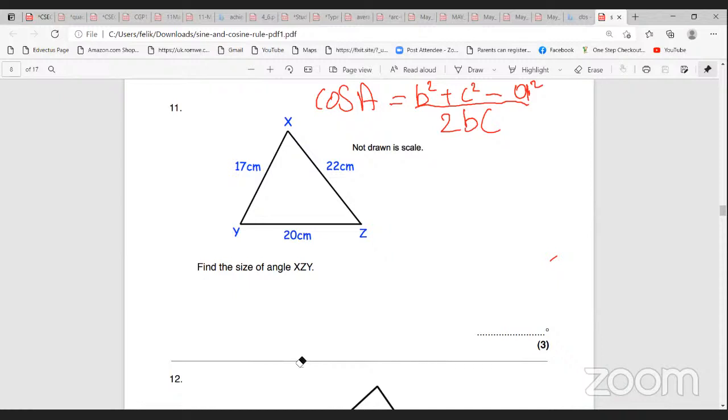So which angle are we finding here? It's Z. Look at the question. Okay, highlight that on the triangle for me. Highlight the angle, and the side that is opposite to that angle.